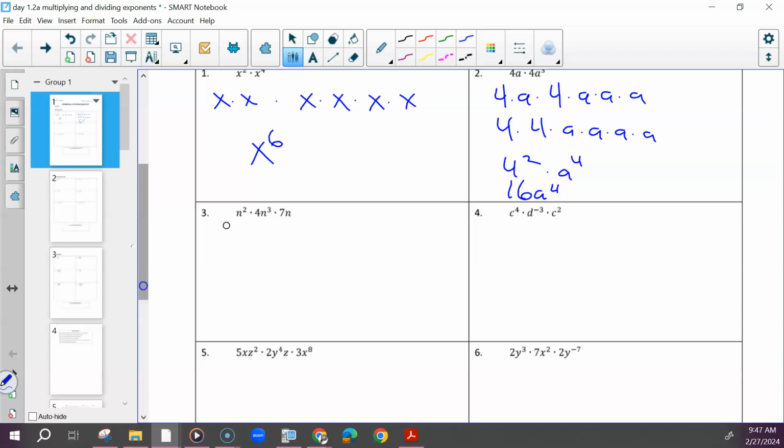So if I were to expand this one more time, n times n times 4 times n times n times n times 7 times n. And then I rearrange it. The 4 and the 7 are not the same, but I'm going to move them to the front.